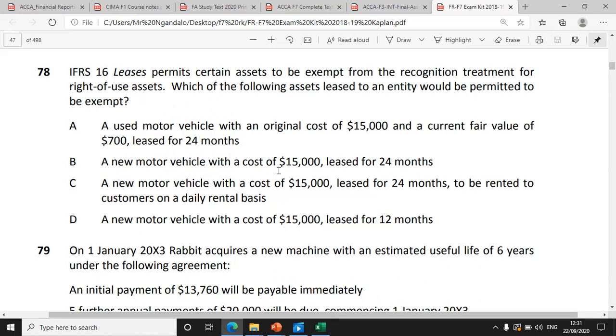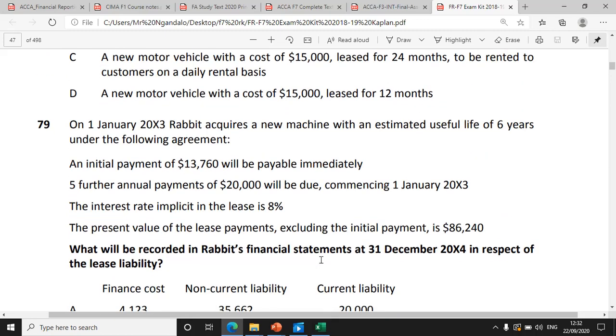I wanted you to remember that when they say low value items, they're not referring to the current value of the asset, they're referring to the cost. The standard is referring to the cost, all right? So I think the best option is an option where I've got 12 months. I think D is the best option in this case. All right, so that's what you have there.